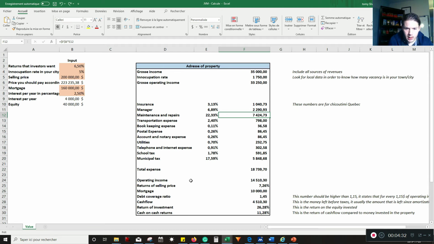Your mortgage, I've just put in $10,000 per year. This includes your principal and your interest payments. So your debt cover ratio will be 1.45. What you do is you divide the operating income by your mortgage, and this gives you a ratio of 1.45.